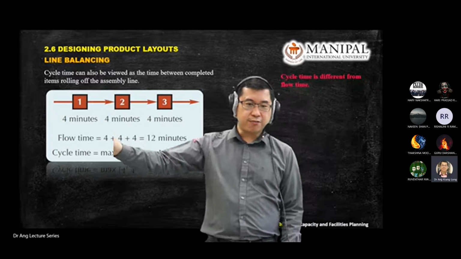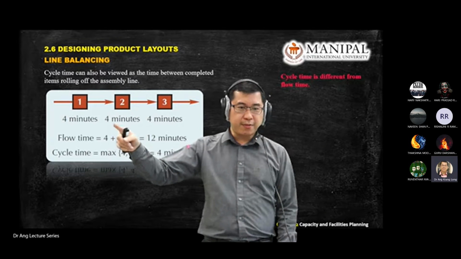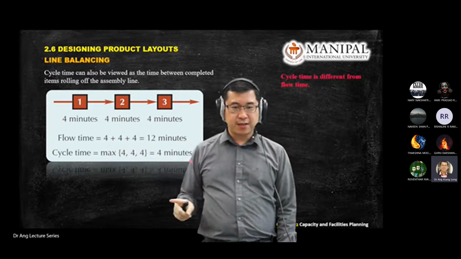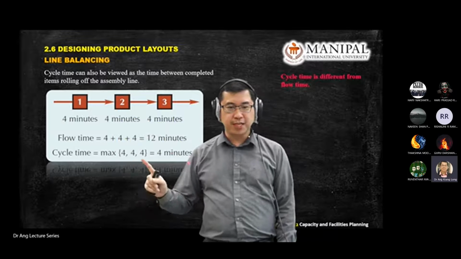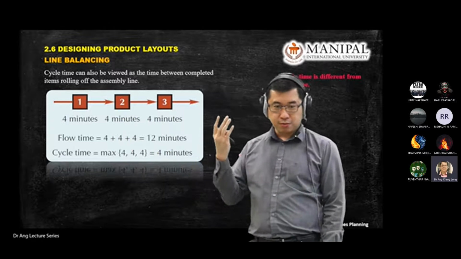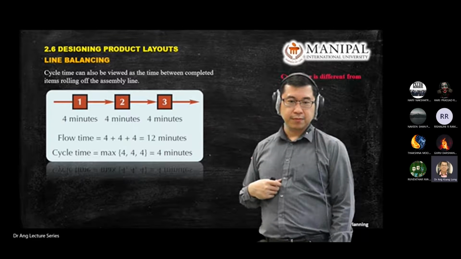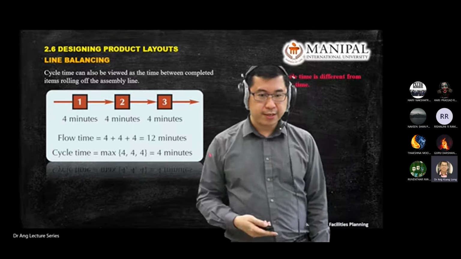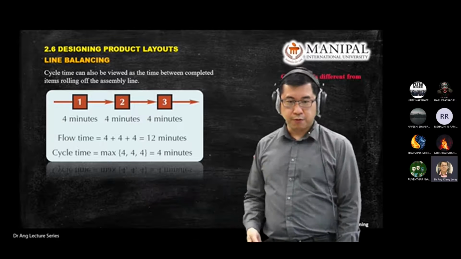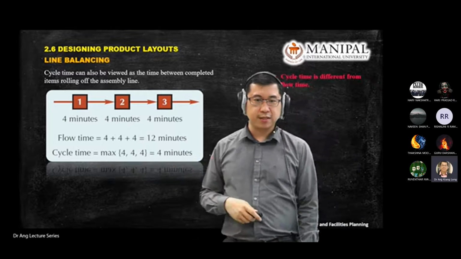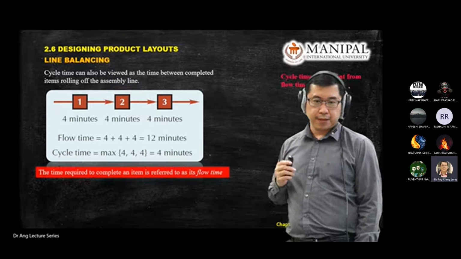Even if I change the first station to 1 minute, so 1, 4, 1, maximum is still 4. So cycle time is still 4. Always choose the maximum. Flow time, you add all together. All right, this is the difference between them.